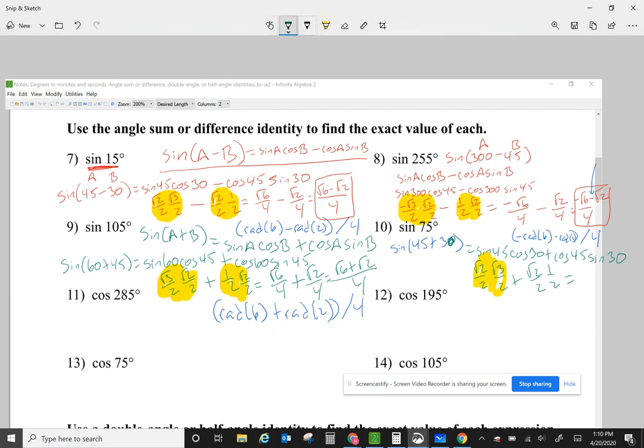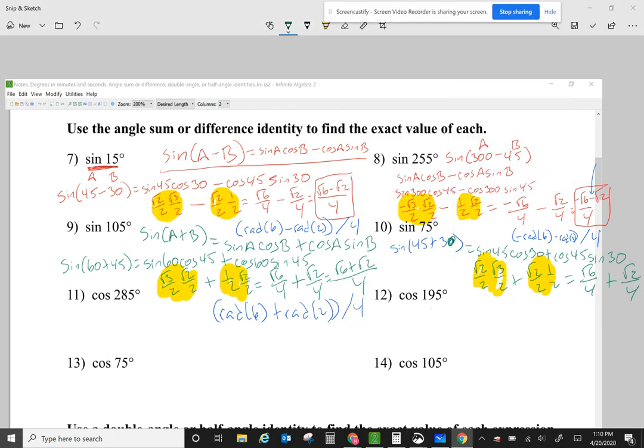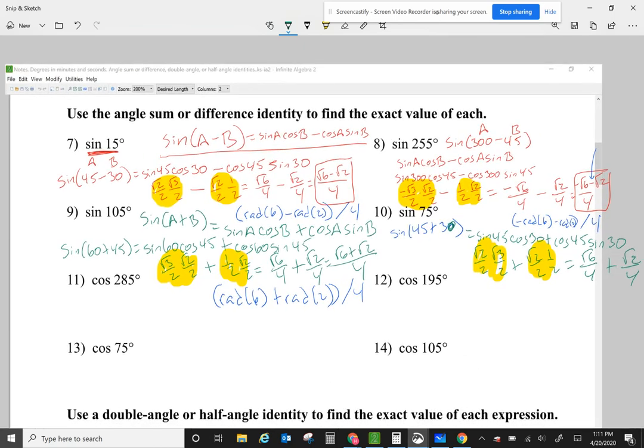I multiply this part first. And gives me radical 6 over 4 plus, I multiply this second, radical 2 over 4. For space purposes, let me write that down here. My fraction is all over 4. And I have radical 6 plus radical 2 all over 4. That's how I write it.